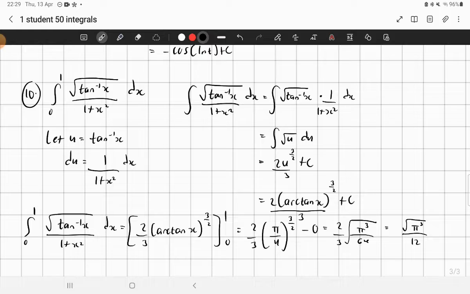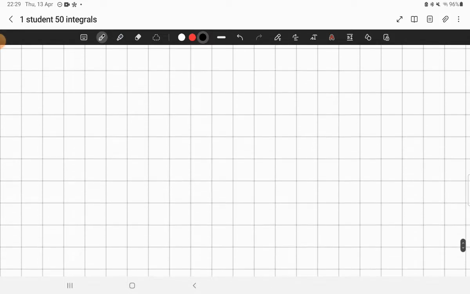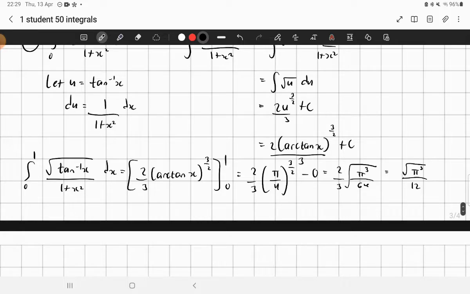So far we are at around 20% of the whole set. We are left with 40 more, right? So the square root of pi cubed over 12. Very nice. So yeah, let us move on to question 11.